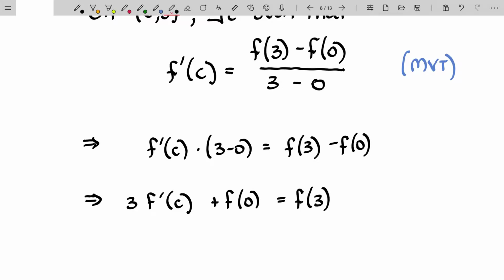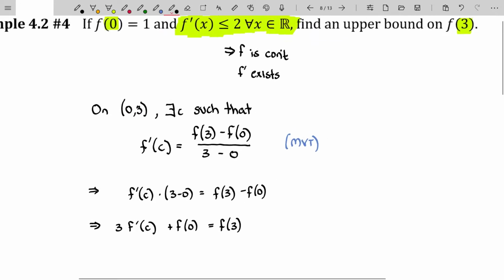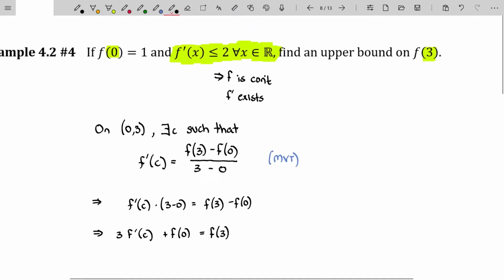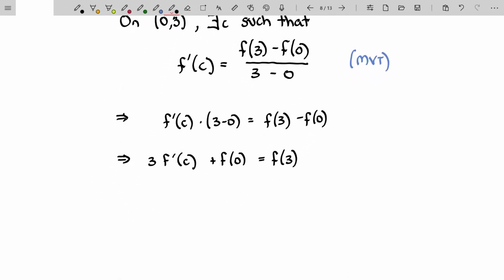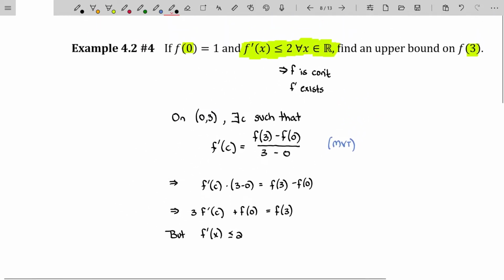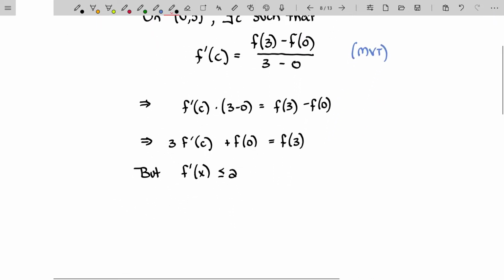Now remember, the reason I'm doing this is because we want to find an upper bound. Like, what's the largest that f of 3 can be? So how are we going to find that? Well, f prime of x is always less than or equal to 2. In other words, f prime of c is always less than or equal to 2.